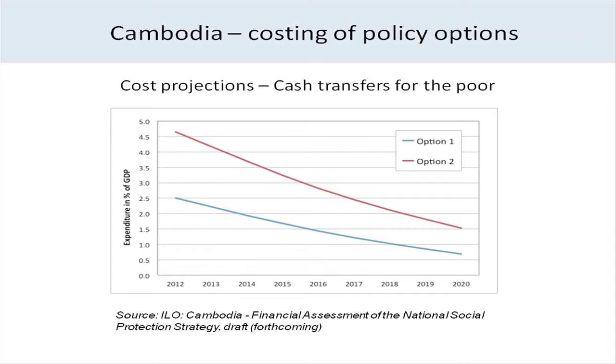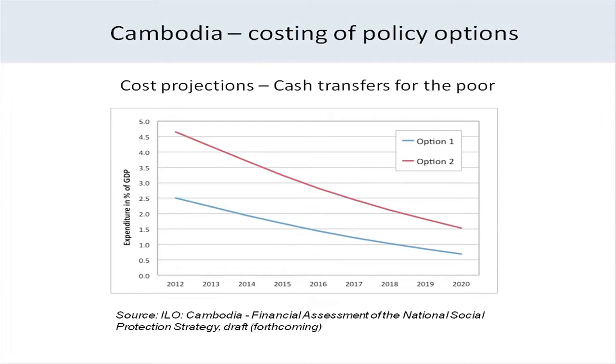Especially in the base year, first year, 2012. For option 2, which is basically the cost of closing the poverty gap in Cambodia, it is 4.5% of GDP. That's quite substantial. But we can also see that the trend is really decreasing fast.